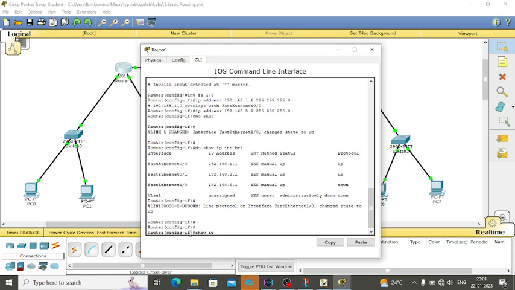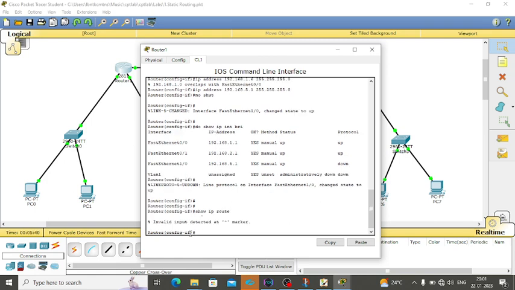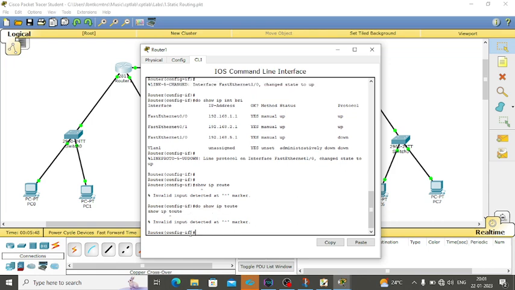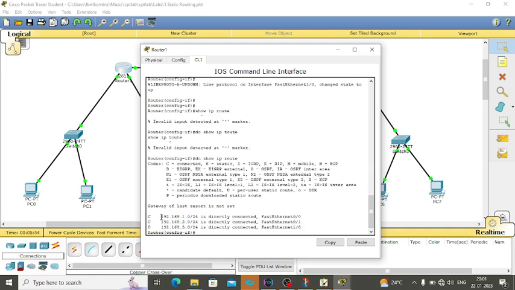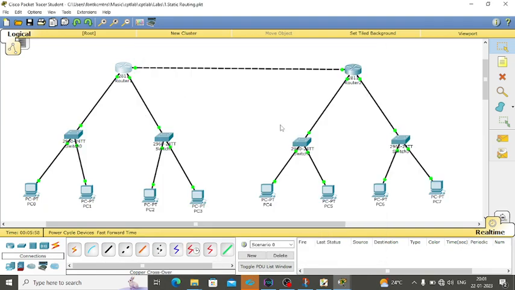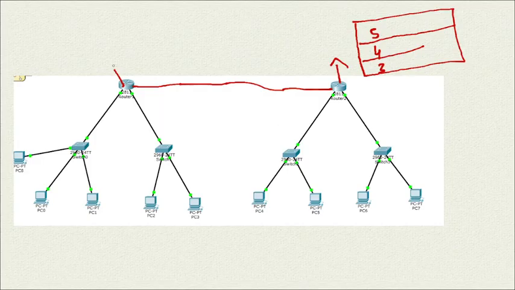Do show IP route. Spelling mistake. I do show IP route. The connected networks are 1, 2, and 5. So here it is 1 to 5, right? I'll write that 1 to 5.